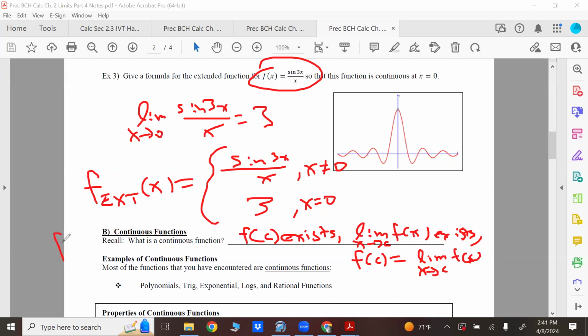This is for any x equals c value in the domain.